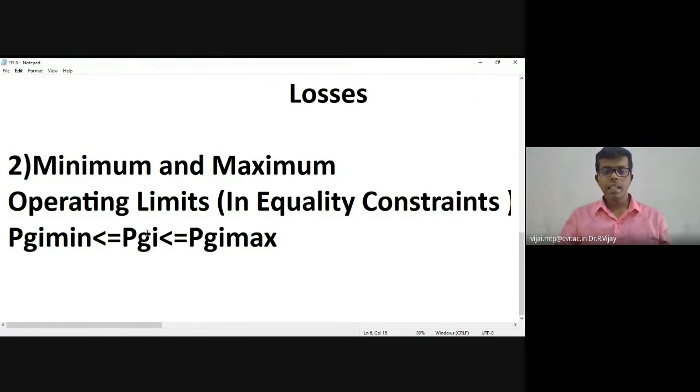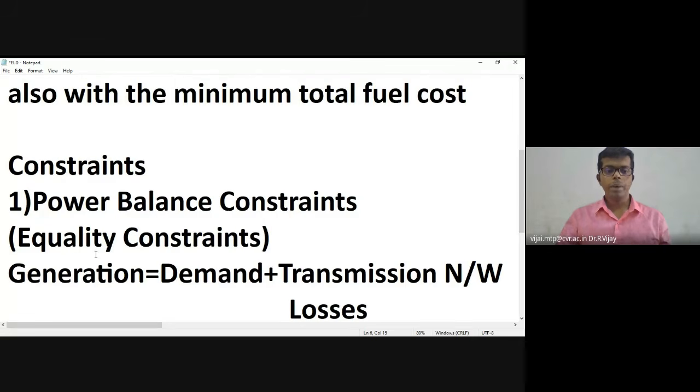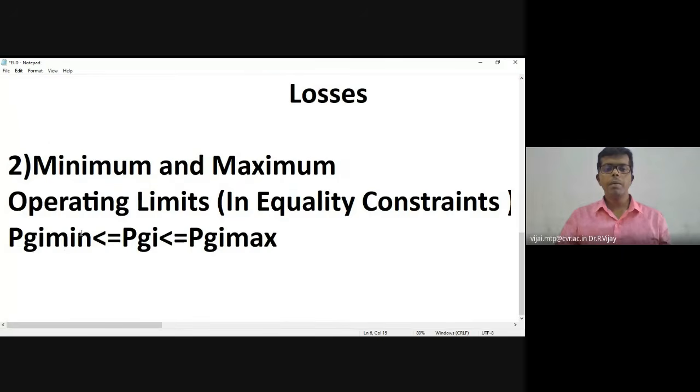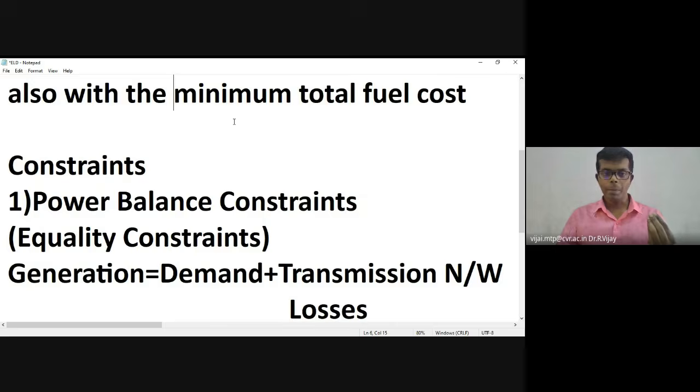Say for example, the generation happening here is 1500, and the minimum and maximum operating limits are already given in the problem. For example, you can consider 1000 to 2000 megawatt. So here you can write 1500 megawatt, that is within the 1000 to 2000 megawatt limit. It should not go beyond this value, and it should not exceed that value also. So it is within the limit. Like that you can explain with a simple example.